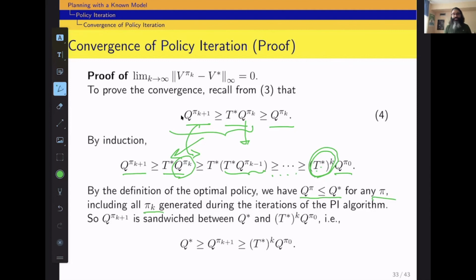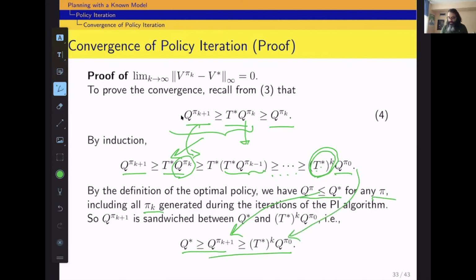So we are kind of sandwiching Q pi k plus 1 from both the left side and right side, or upper bound and lower bound. From the upper bound, we have that Q star should be greater or equal to Q pi k plus 1. This is essentially coming from here. And then the lower bound would be that Q pi k plus 1 is greater than or equal to T star of pi k, which comes from this step of the proof.